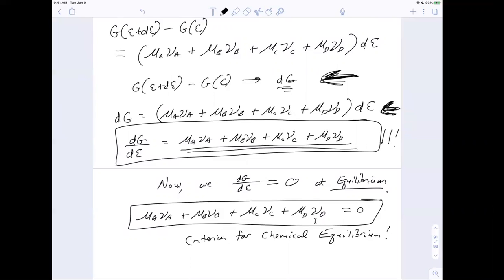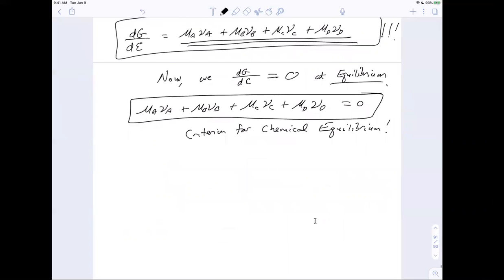And now that we're here, we have basically all of the tools to determine something that you've seen before. The thing is, we have to now introduce our knowledge of each of the individual chemical potentials.